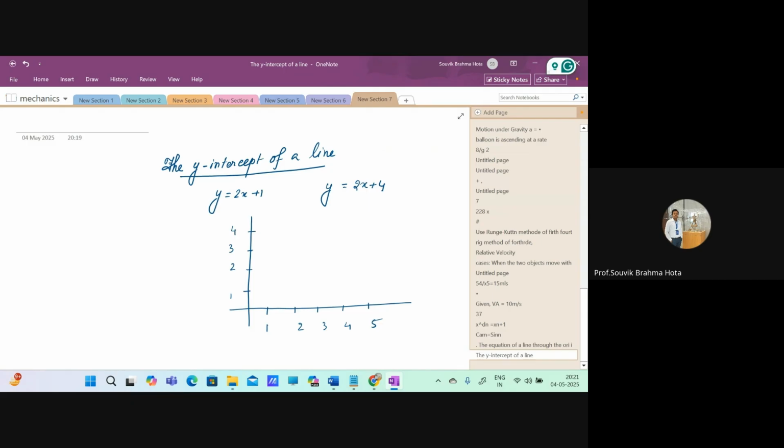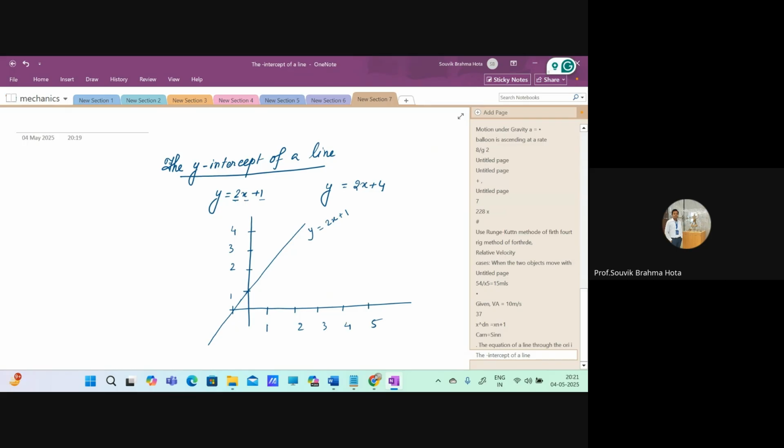First, y is equal to 2x plus 1, so the y-intercept will be 1, and definitely it will be like this, isn't it? Yes, sir. It will be like this. So this line represents y is equal to 2x plus 1.